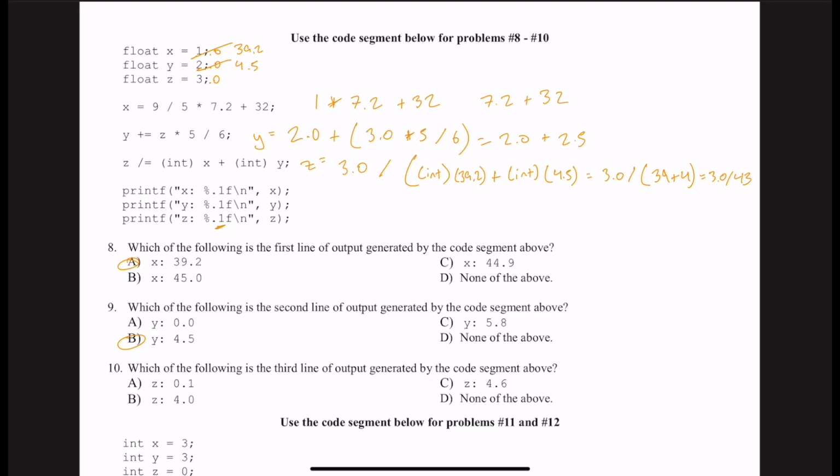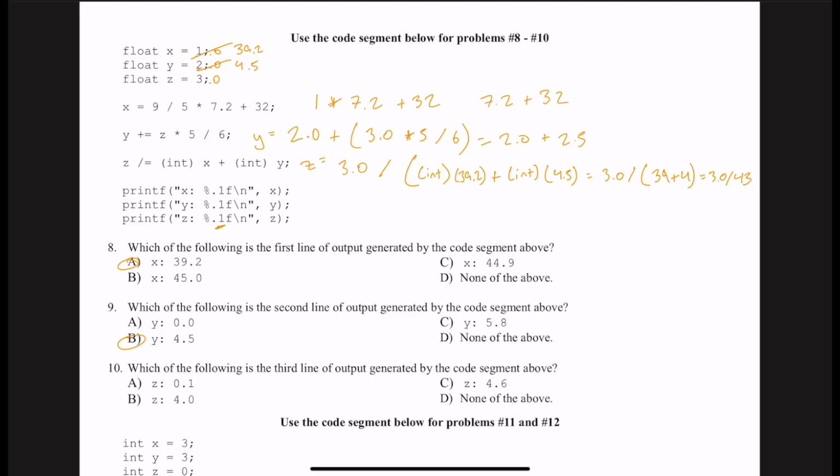Well, 3.0 divided by 40 is going to be roughly... So on the exam, you would have to do some quick math with this, which is not ideal.